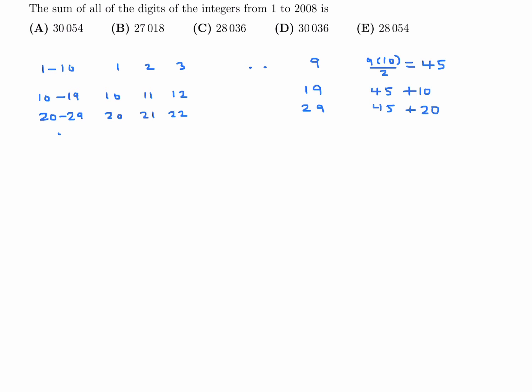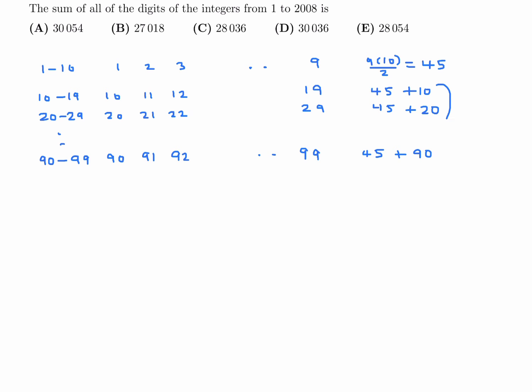Okay? And very similar, you can keep going until we get to 90 to 99. That's going to be 90, 91, 92, all the way until 99. If you add up the ones digits, it's 45. If you add up the tens digits, it'll be 10 times 9, which is 90.